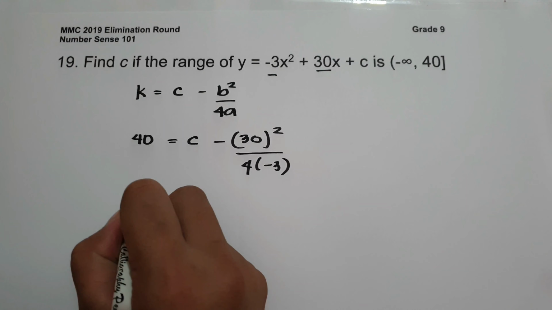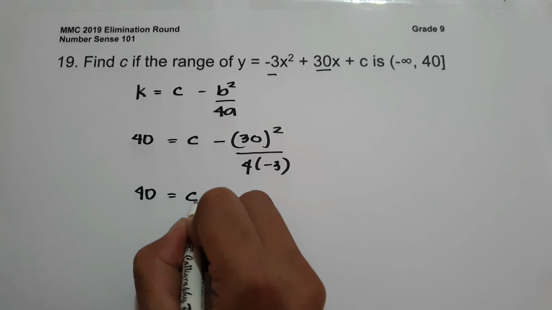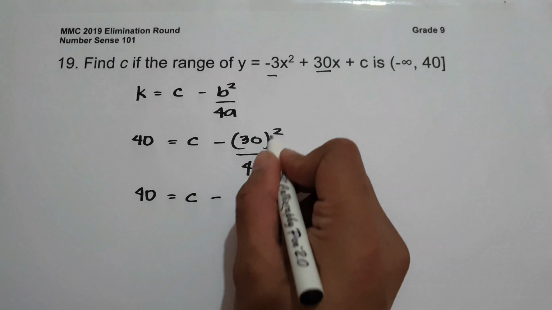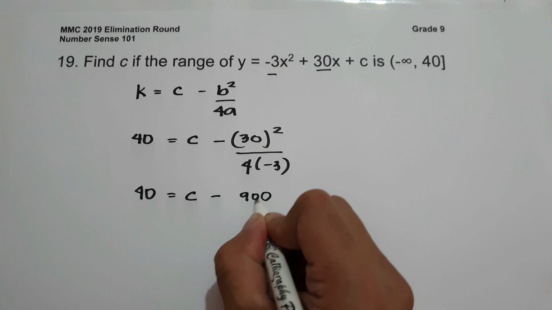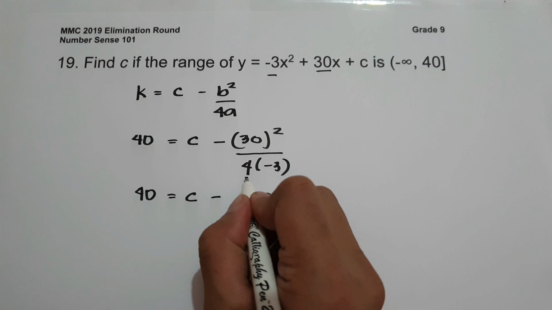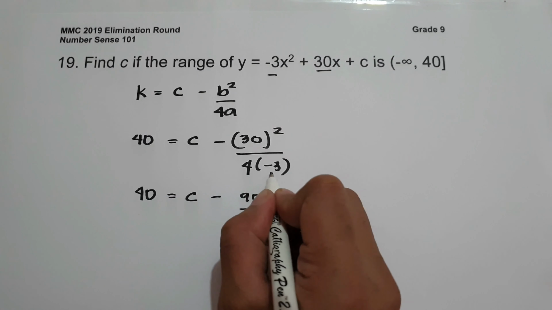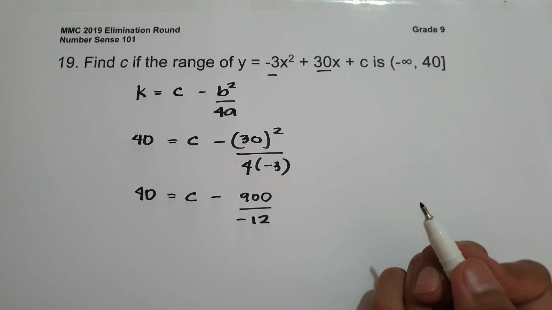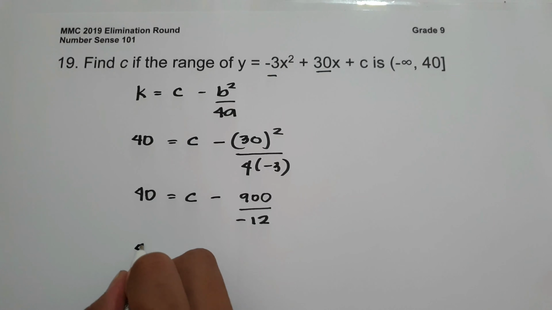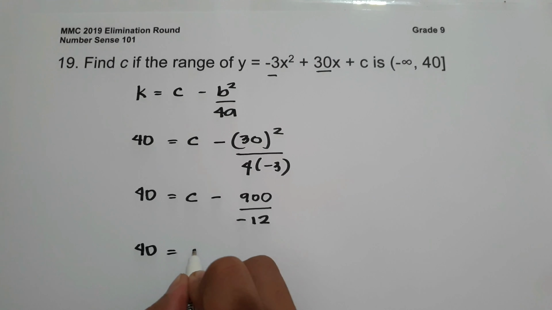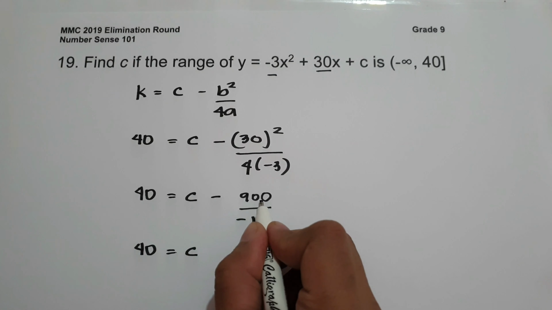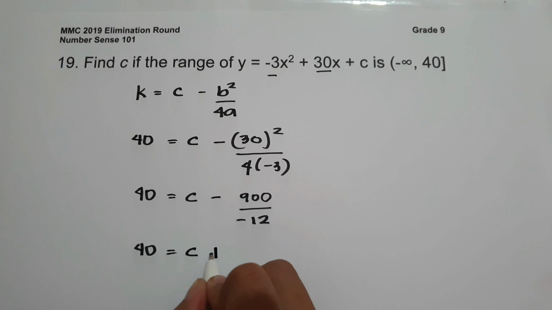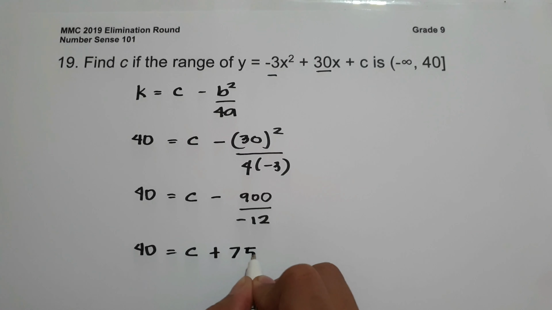Let us have 40 equals c minus 30 squared, that is 900, and then 4 multiplied by negative 3, that is negative 12. And then let us simplify. Let us have 40 equals c, negative 900 divided by negative 12, that is positive 75.